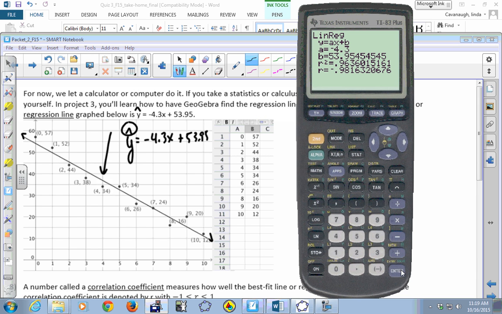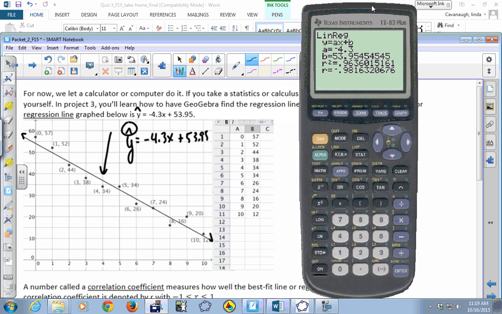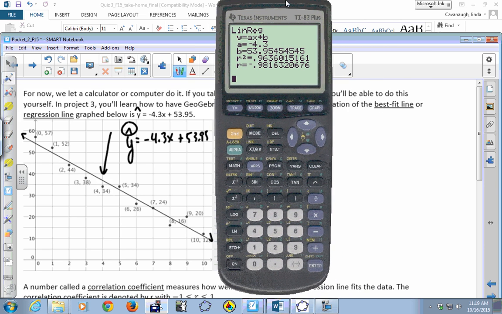Now this R value right here talks about the strength of the linear fit, the strength of the linear association. Excuse me, I'm talking too fast because I'm looking at the clock.